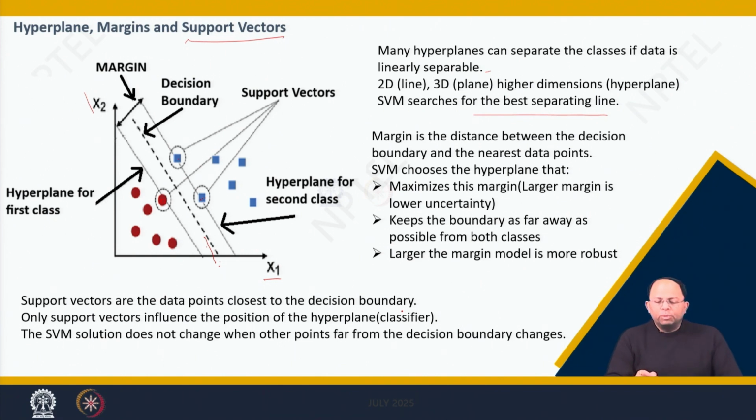That means the position of the hyperplane, or the classifier that we develop, depends on the position of these nearest points, and these are the support vectors. So the SVM solution will not change if faraway points or even outliers change, because those are far from the decision boundary and have no impact on the location of the separating hyperplane.